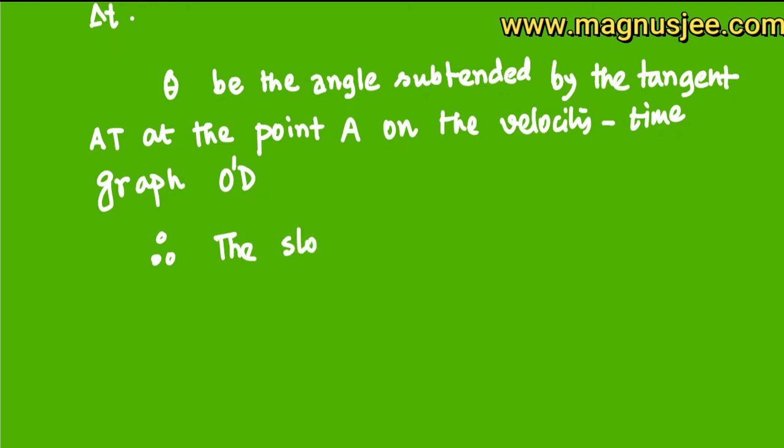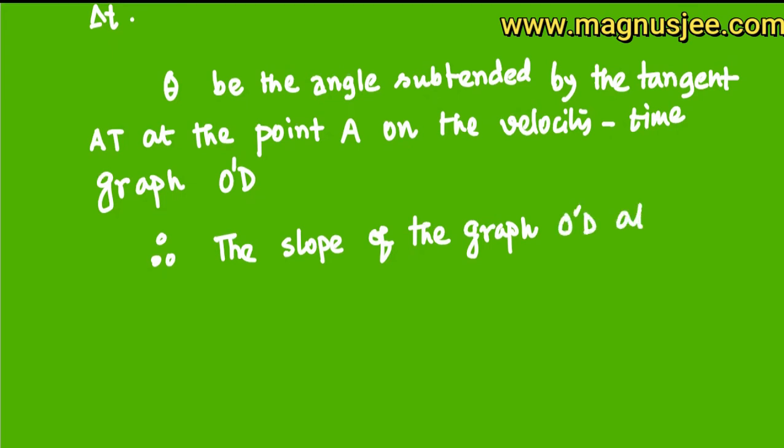Therefore, the slope of the graph O prime D is given by tan theta.